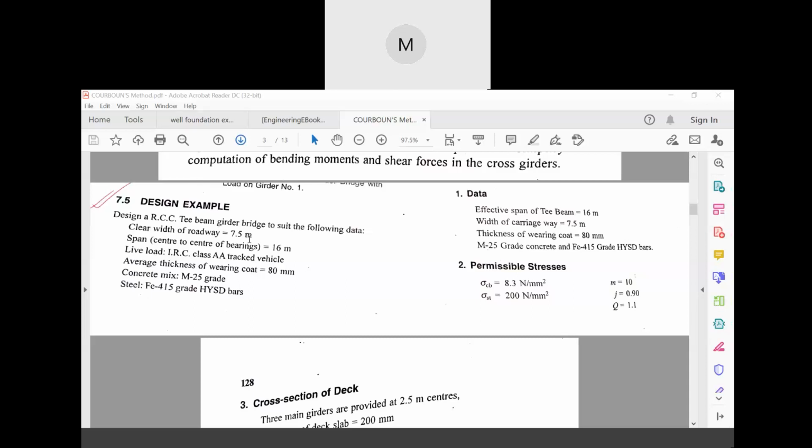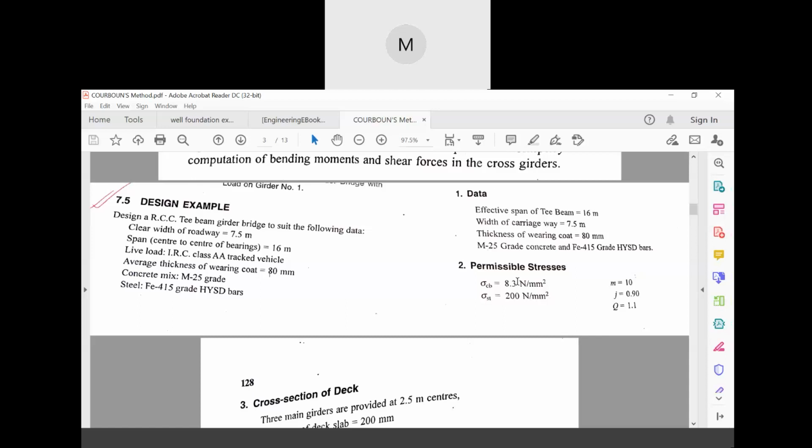So these are the data that is given. Let's go through the data. First of all, the effective span of the T-beam bridge is given as 16 meter.